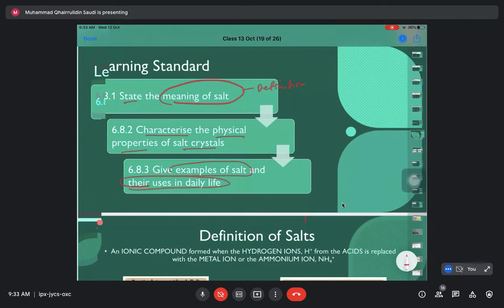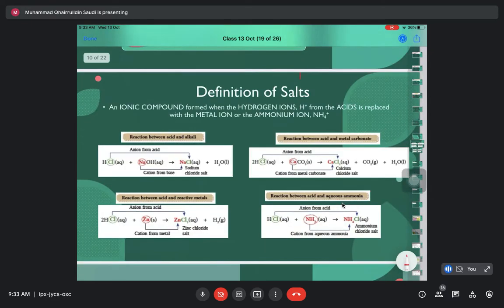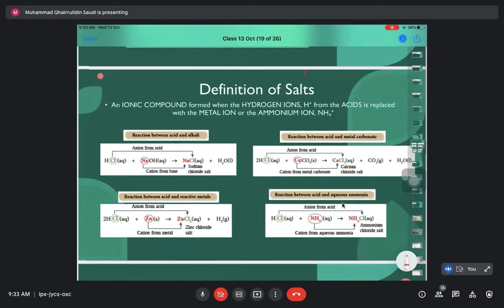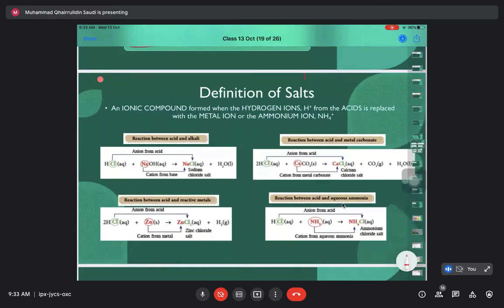Alright. So first, the definition of salts. What is salts? Okay. Salts, ada beberapa keyword here. There are 4 keywords. First, salt is an ionic compound, the first one.